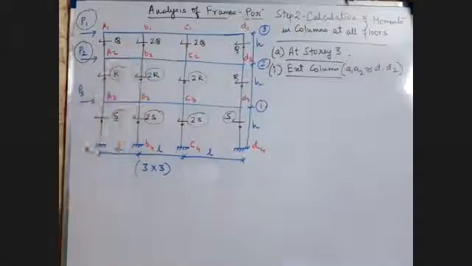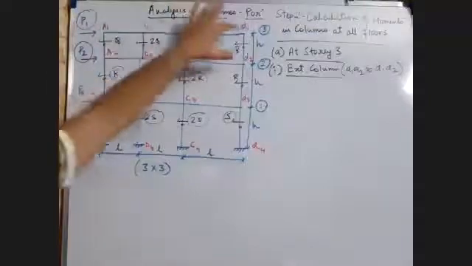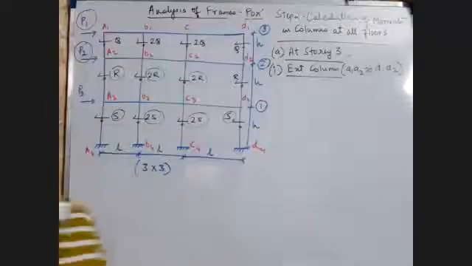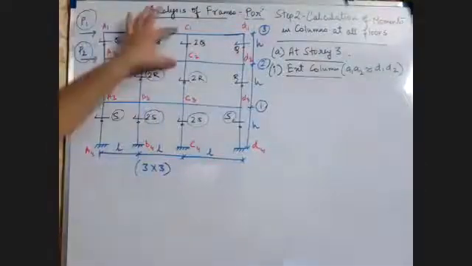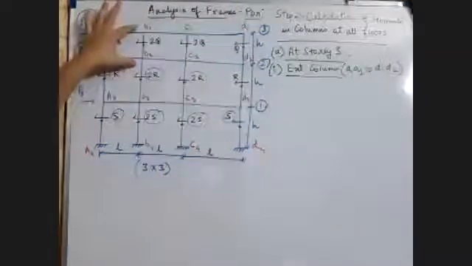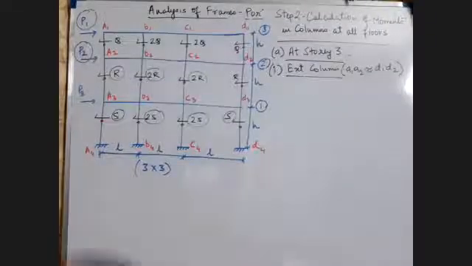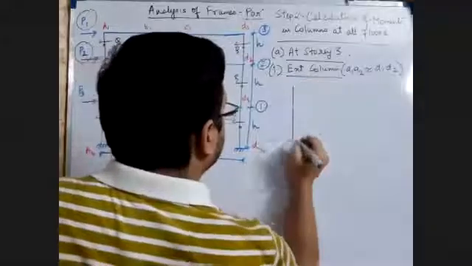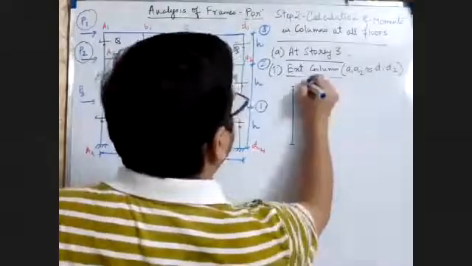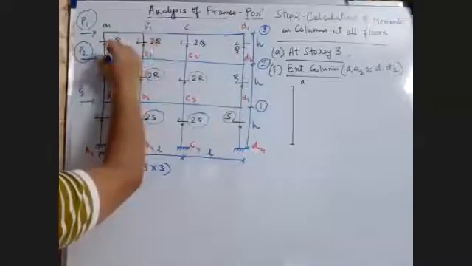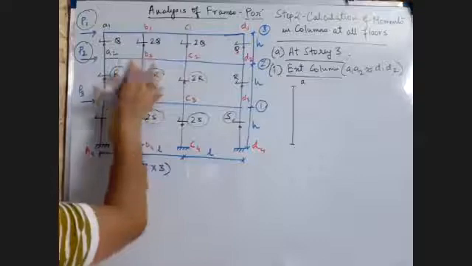If one exterior column is obtained, the other will be similar, and likewise for the interior. So for the exterior column A1, A2, I am representing B, C, and D in short.